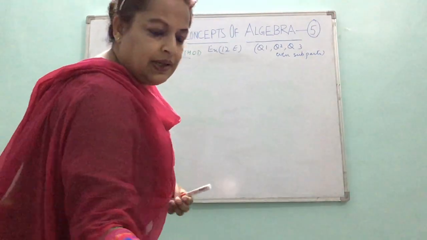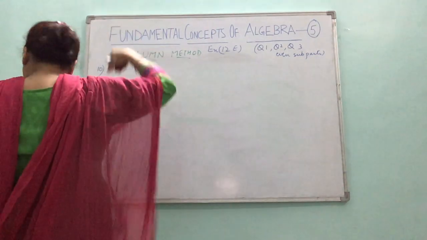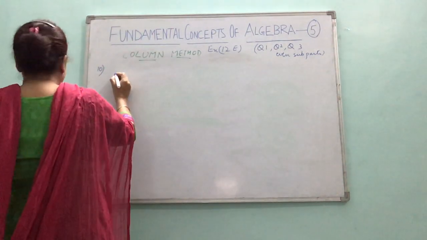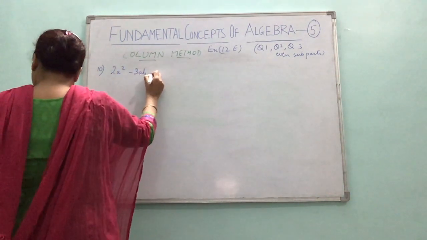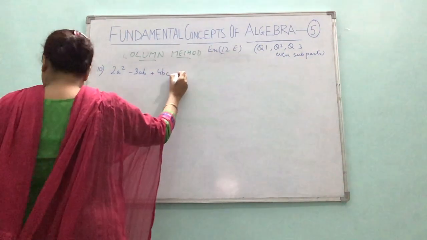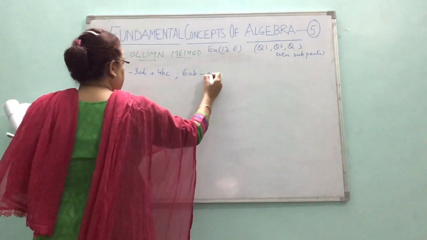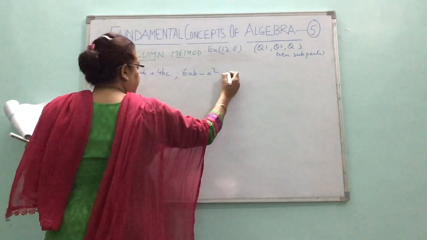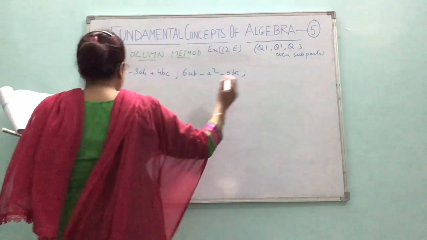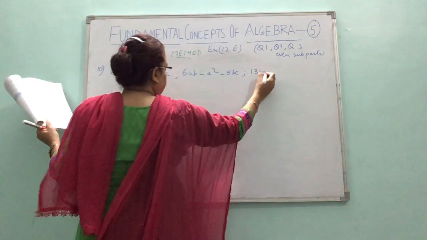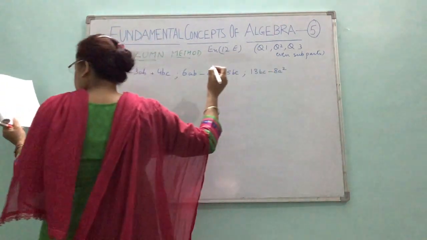Alright, so the question is, I'll first copy the question. 2a square minus 3ab plus 4bc, 6ab minus a square minus 5bc, and 13bc minus 8a square plus ab.